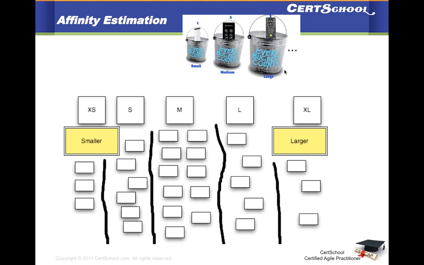In the project I'm working on right now, we use a combination of both. We use story points for normal stories, and affinity estimation for the epics. Because it is relative, it is always more accurate than trying to put days or hours against every story.